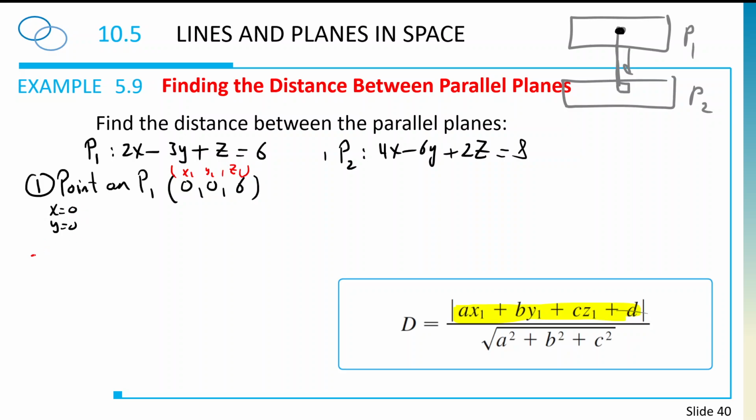Now I need to do the second step. I have one point, just choose anything you like. Then I need to plug the point in plane number 2. I use plane number 1 to get the point, then I plug this point into P2.